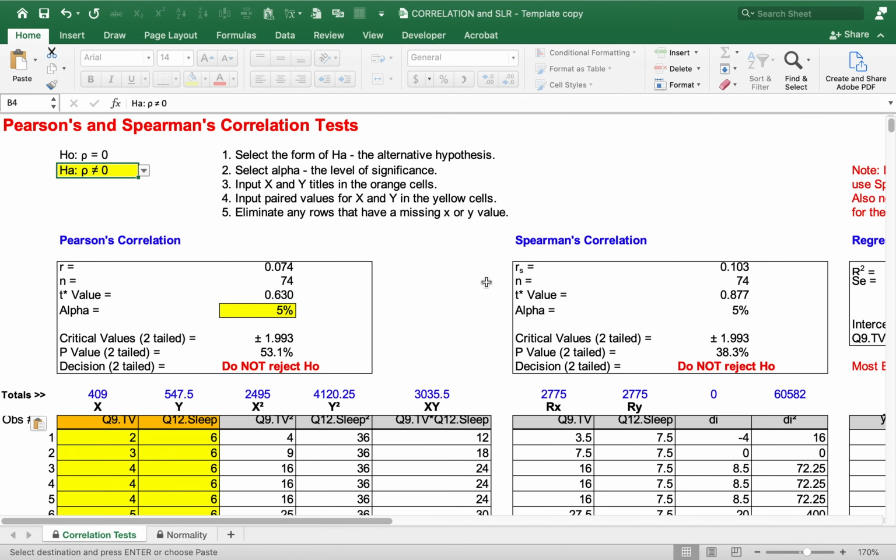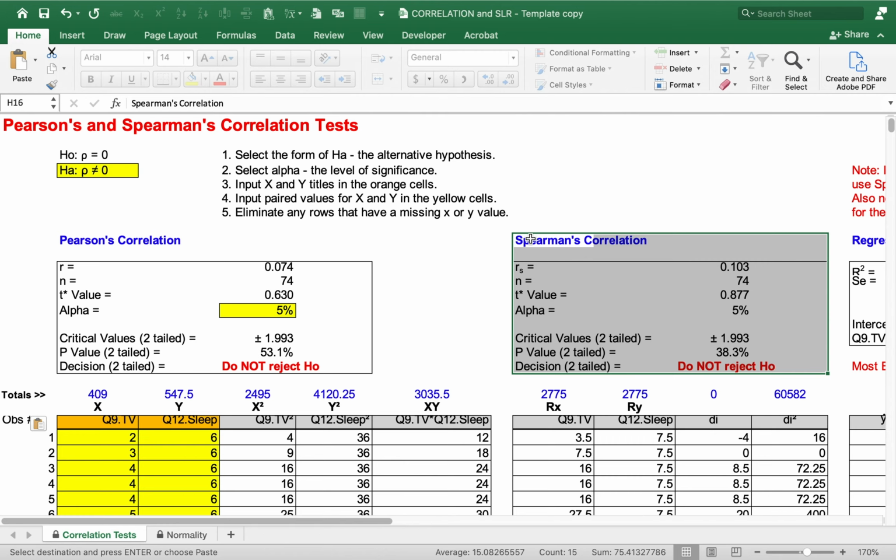In our particular case here, we end up not rejecting H0. And so there's no significant correlation between how you rate movies and TV shows and the amount of sleep that you get.